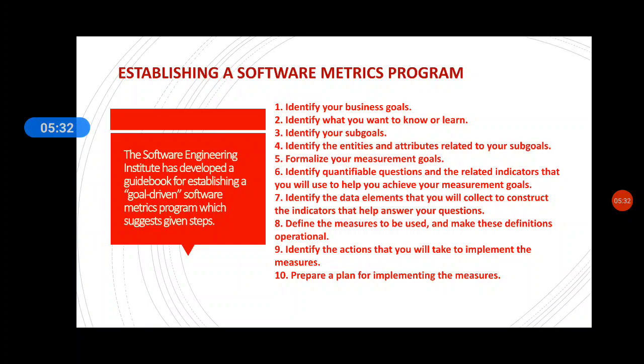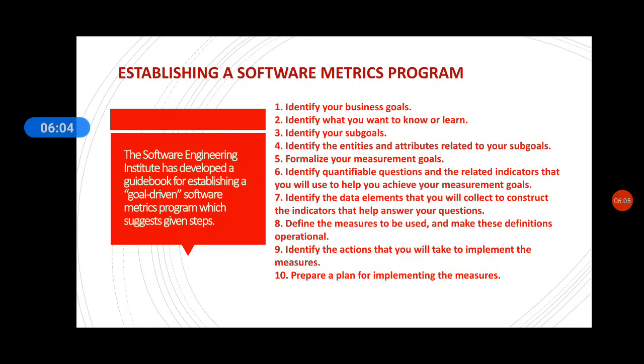First of all, we need to identify our business goals before establishing a software metrics program. Next, we need to identify what we want to know or learn. And the next step is to identify our sub goals. What are the sub goals under the actual business goal that is to be identified?